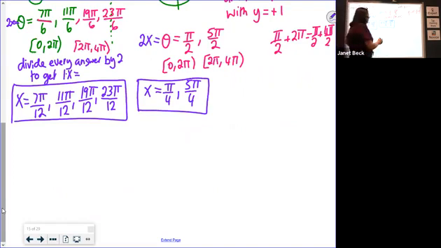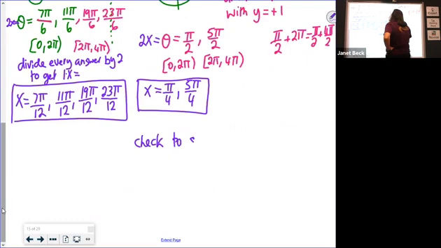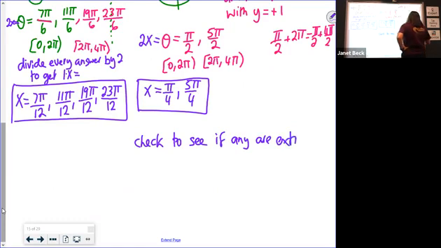Now check to see if any are extraneous. Our original condition we were given is that our angle x had to be less than 2 pi. That was the original condition. They had to be positive, they had to be bigger than 0. Well, all our answers are positive angles.